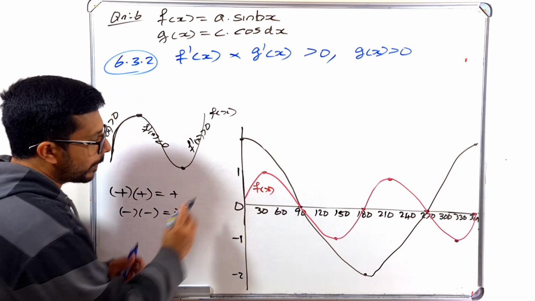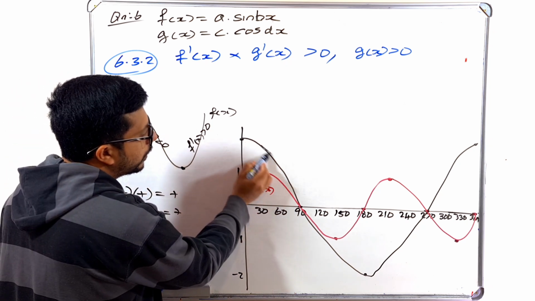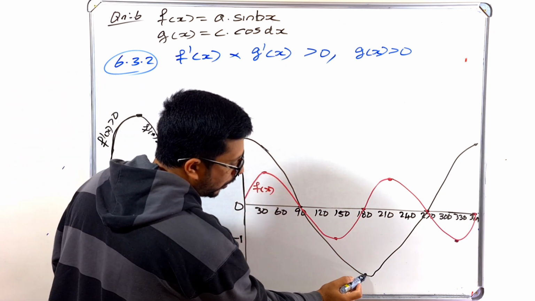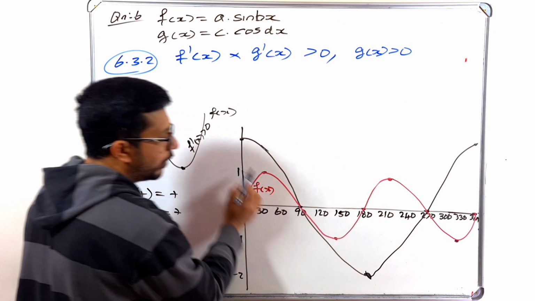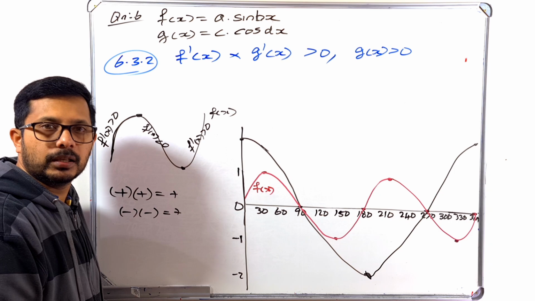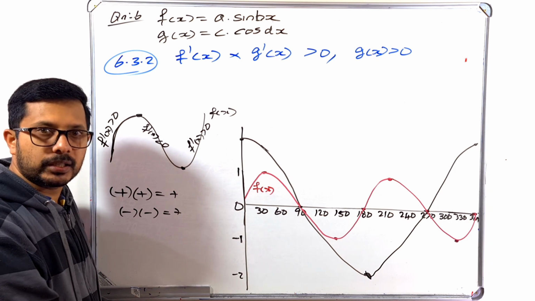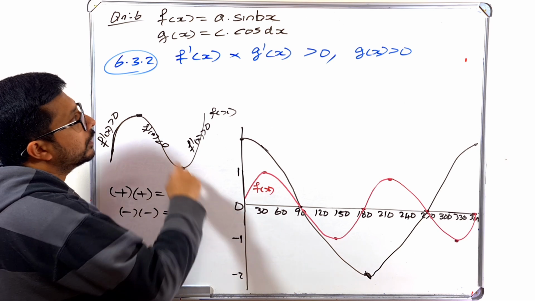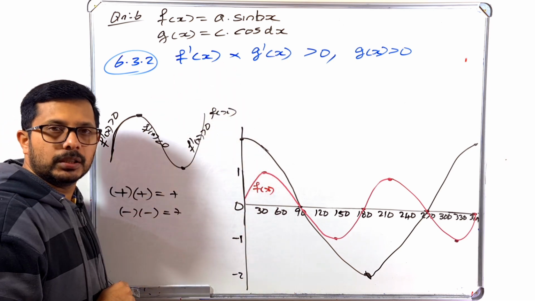Here, look at this one. Is the graph increasing or decreasing up to 180? It is decreasing. Am I right? When a graph is decreasing, you know that the first derivative is negative.